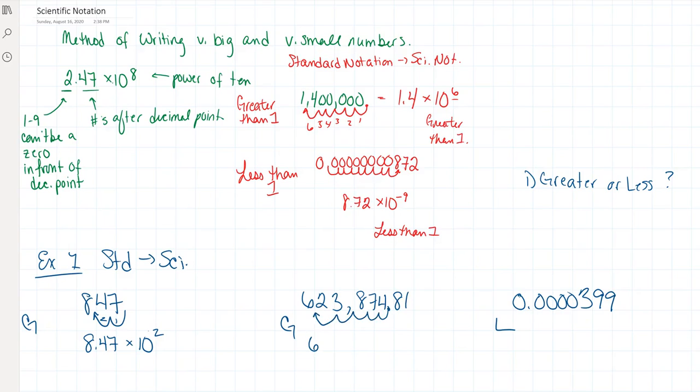So I can rewrite this as 6.2387481. And then I have to put my times 10 to that power to count how many places I moved. I moved it 5 places. And since I'm greater than 1, I have a positive exponent. So if I'm greater than 1, I keep the exponent positive.